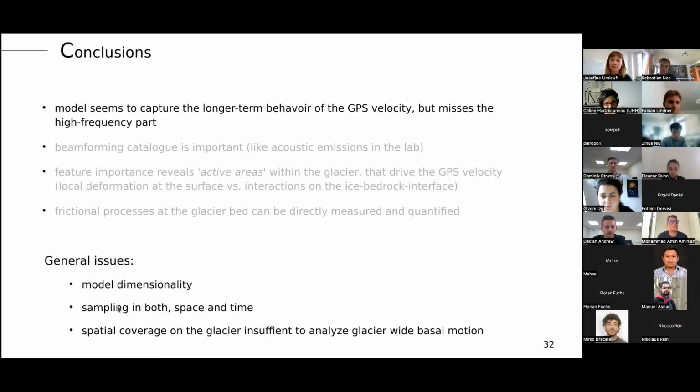That becomes problematic in terms of model dimensionality and sampling. And also the spatial coverage of the glacier is not the best, as we're just having a part of the glacier and we cannot observe what's going on in the glacier-wide extent.